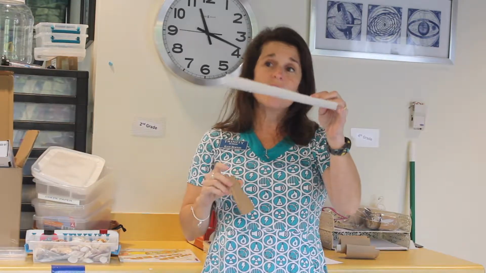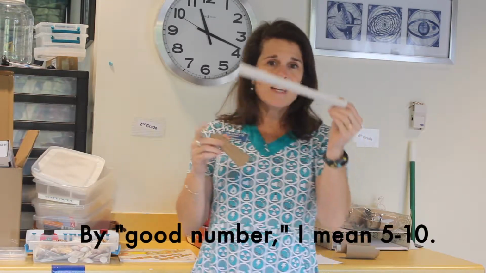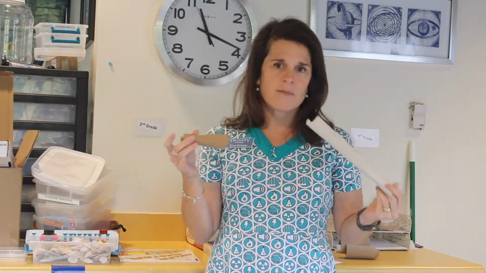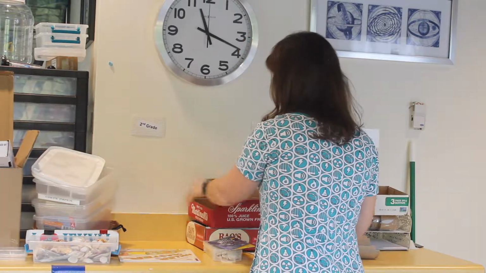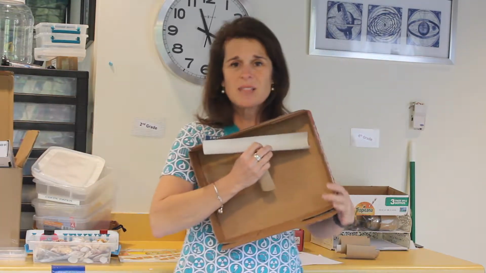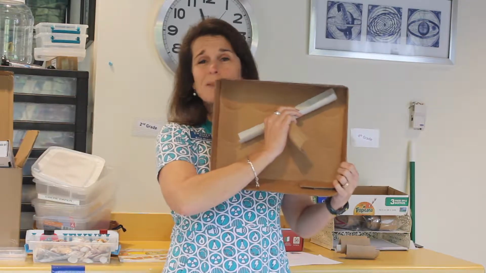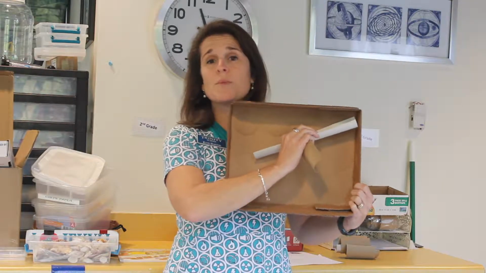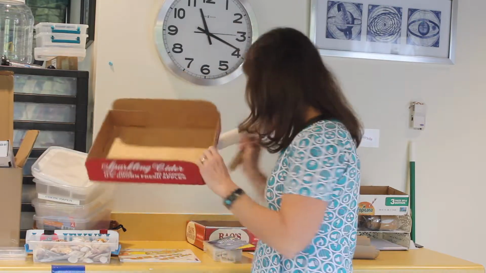I always do have a good number of the paper towel length cut, but the kids quickly discovered that the long ones, while it seems tempting because then you can get a lot of your box covered very quickly, it ends up taking over the whole thing, and maybe is good for the initial force, but then it's hard to put in different characteristics that we would see in a roller coaster, like the changes of directions or the uphills.